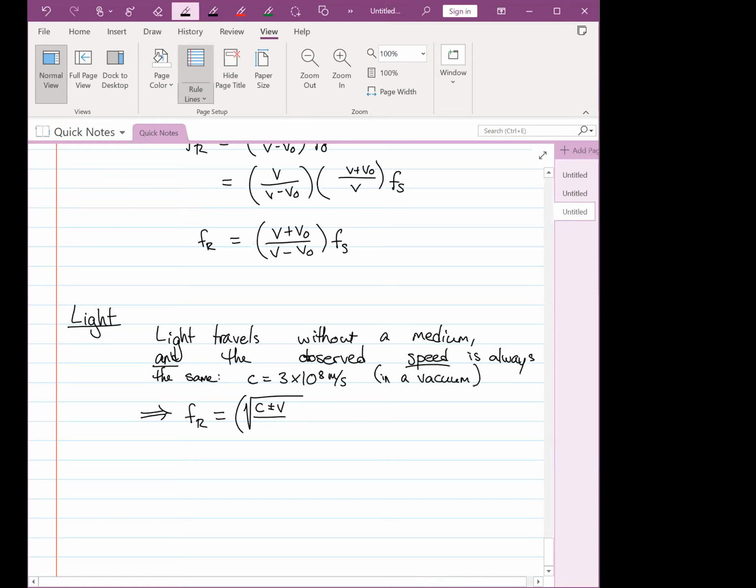Is the speed of light always the same because it's massless? Yeah, basically. That's basically why it's always the same. Anyway, so the formula for the Doppler effect for light is c plus or minus v divided by c minus or plus v, times the source frequency. And again, we choose both top signs.